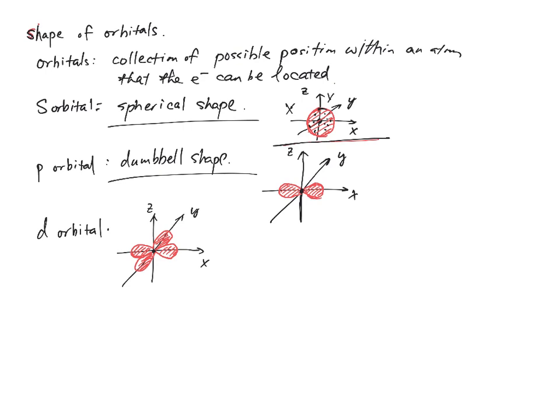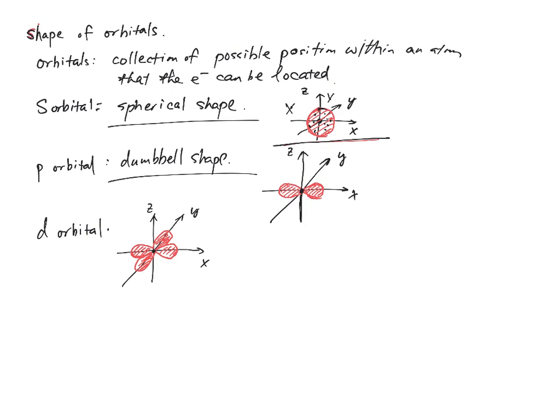And there's also another d orbital that has a different shape. That one has the shape of one dumbbell circled by a donut ring on the waist of the dumbbell. You don't have to memorize that. If you are interested, you can look in your textbook and find a much better picture than I draw here.